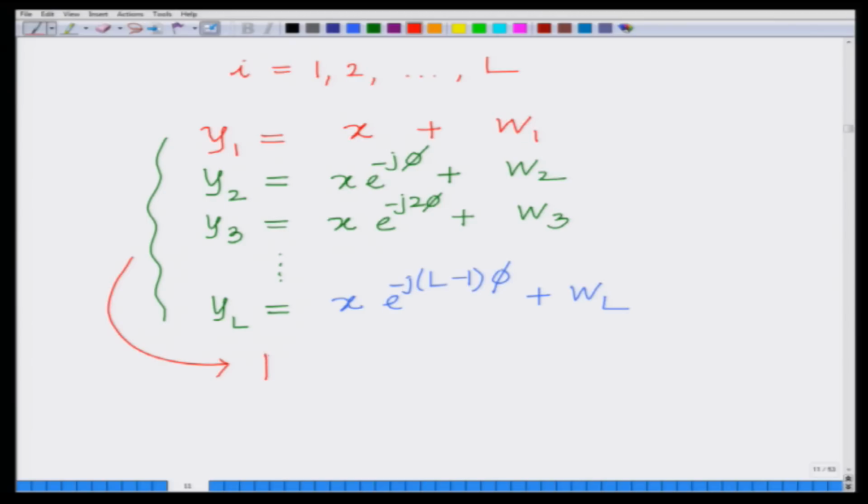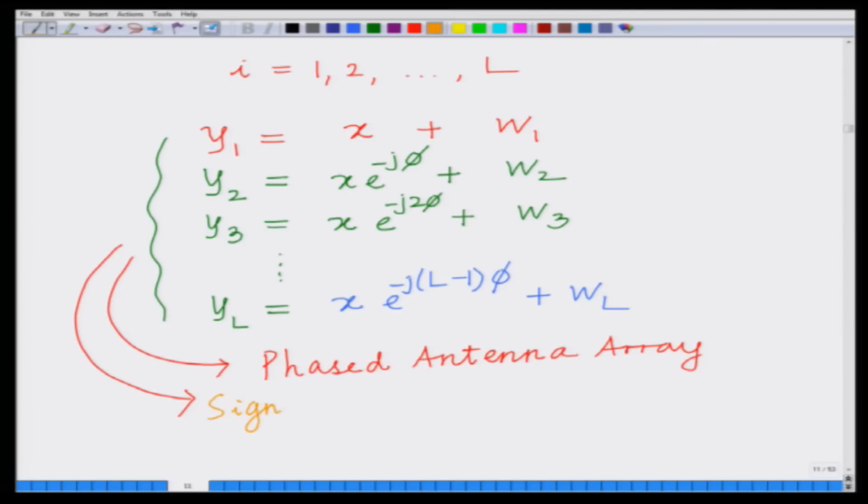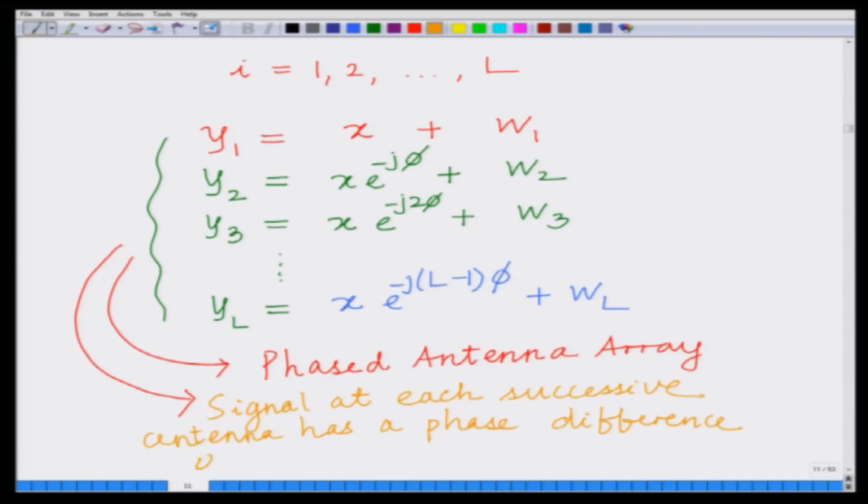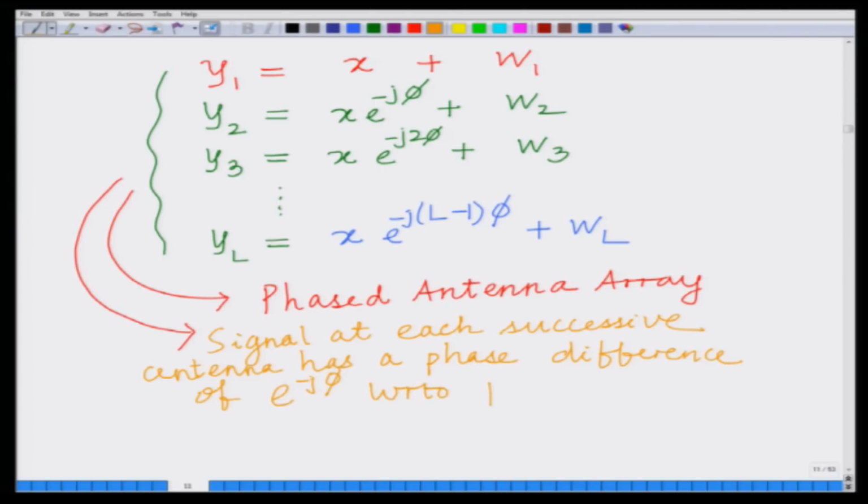The signal at each successive antenna has a phase difference of e to the power of minus j phi with respect to the previous antenna.